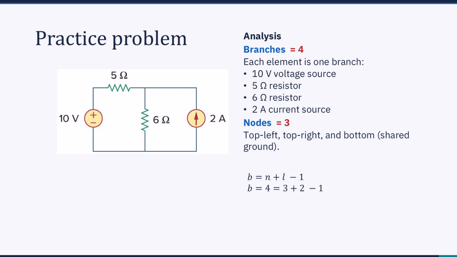The 3 nodes are at the top left, top right, and the bottom rail, which is the common ground. Let's verify with the network topology formula. B equals N plus L minus 1, which gives 4 equals 3 plus 2 minus 1. This is satisfied, confirming 2 independent loops.